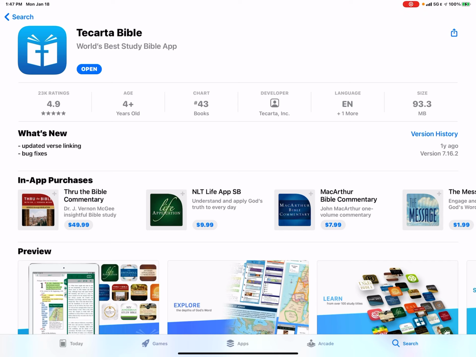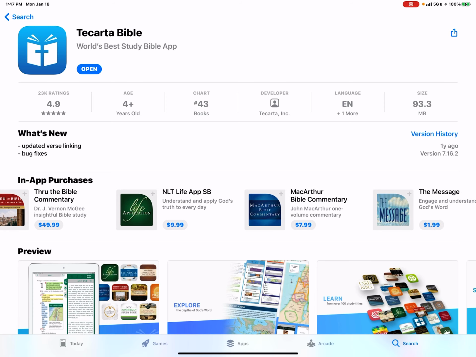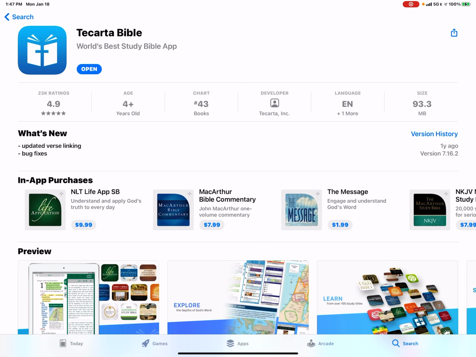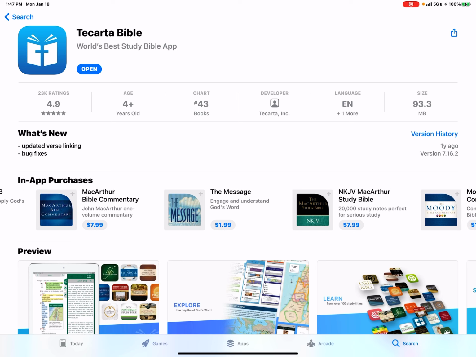You see Through the Bible by Dr. J. Vernon McGee. That's a set of Old and New Testament commentaries. New Living Translation, the Life Application Bible app, and you'll have all of the study notes in that. The MacArthur Bible commentary, and you'll have a Bible version with commentary there.